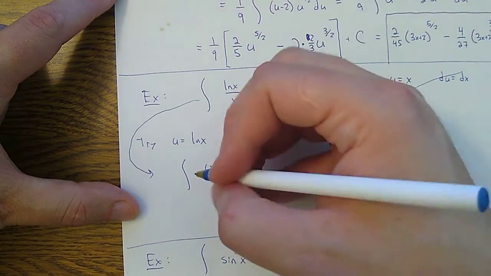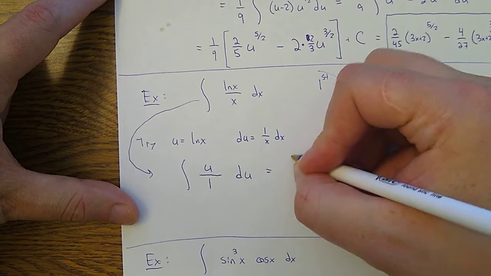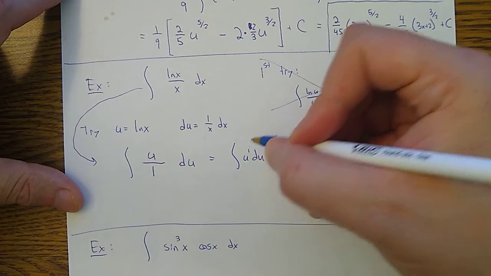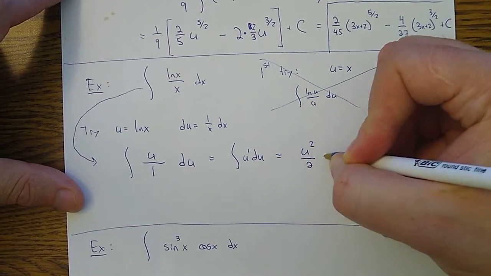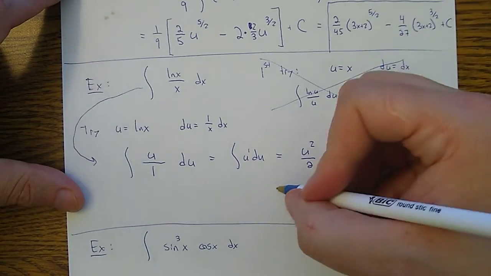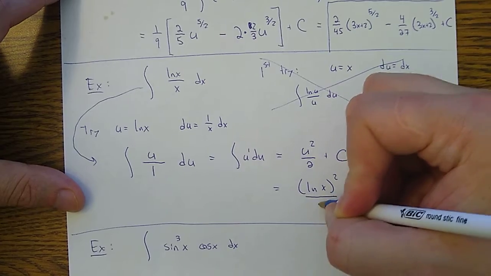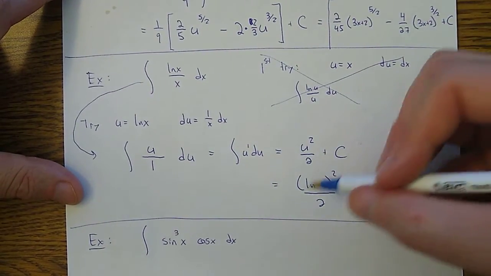So actually there's nothing else in the denominator to take care of. So in other words, this is just integral of u du now. That's like u to the 1, and I just use the power rule, so u squared over 2 plus c. And then I should put my final answer in terms of x. So u was natural log x, so I put that in.